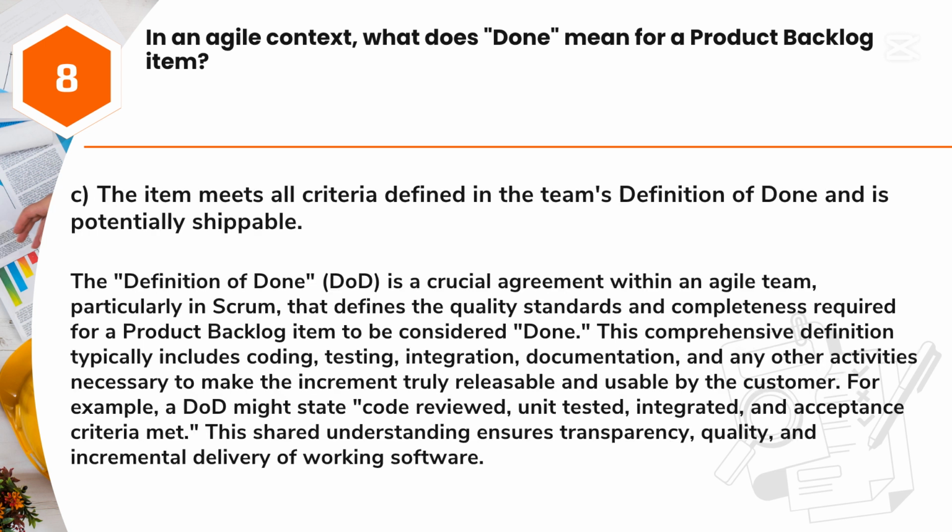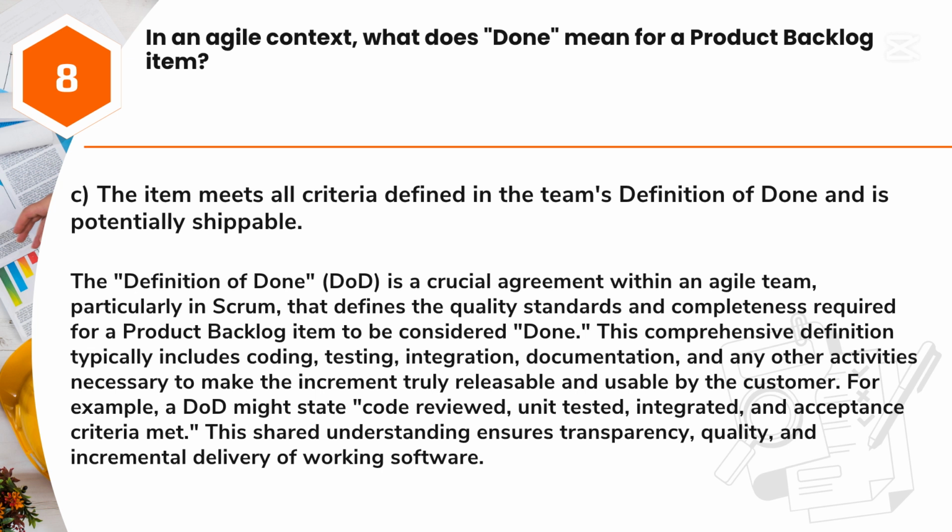Answer: C. The item meets all criteria defined in the team's definition of done and is potentially shippable. The definition of done, DoD, is a crucial agreement within an agile team, particularly in Scrum, that defines the quality standards and completeness required for a product backlog item to be considered done.